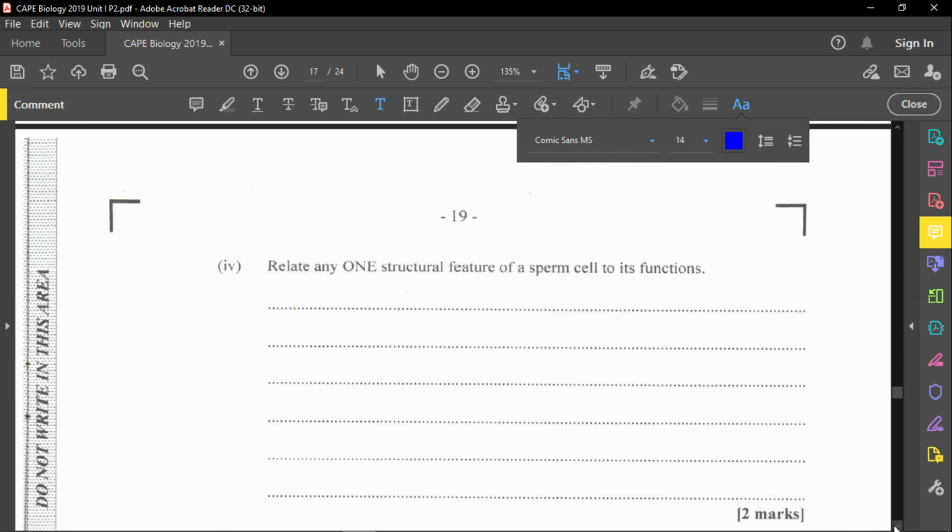This part of the question is to relate any one structural feature of a sperm cell to its function. So things you know about the sperm cell that enable it to function well. I'm going to talk about the size. Compared to the egg cell, the sperm cell is really small.